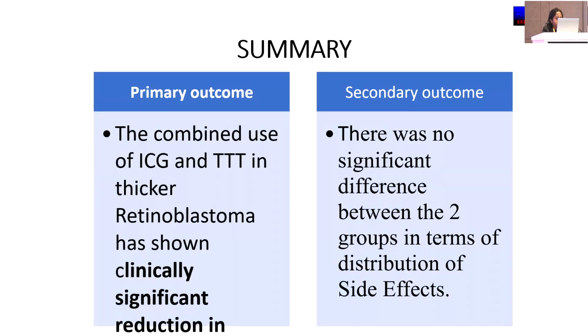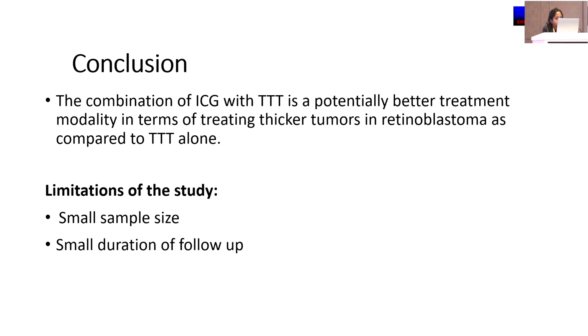To summarize, the primary outcome showed that the combined use of ICG-enhanced TTT in thicker retinoblastoma has shown significant tumor height reduction. There was no significant difference between the 2 groups in side effects. To conclude, the combination of ICG-enhanced TTT is a potentially better treatment modality for thicker tumors in retinoblastoma as compared to TTT alone.